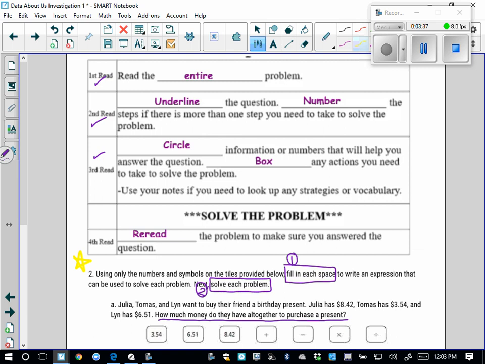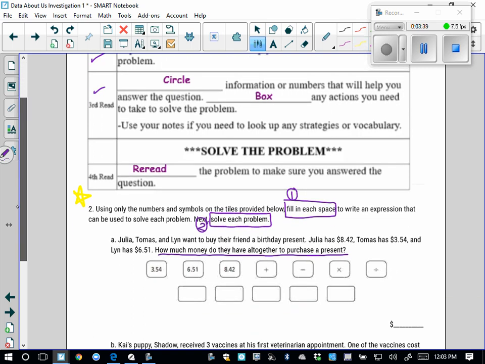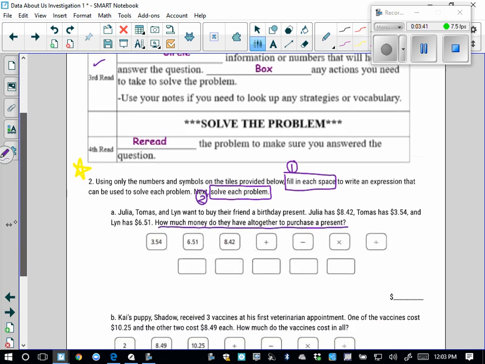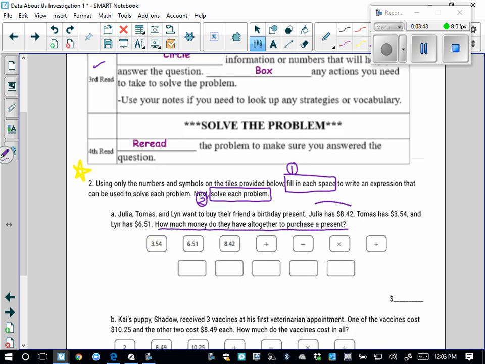And I'm going to circle the important information, like Julia has $8.42, Thomas has $3.54, Lynn has $6.51. So now I can solve the problem because I have this in my head. So I know that when I'm thinking about all this information, I just need to add it all up.